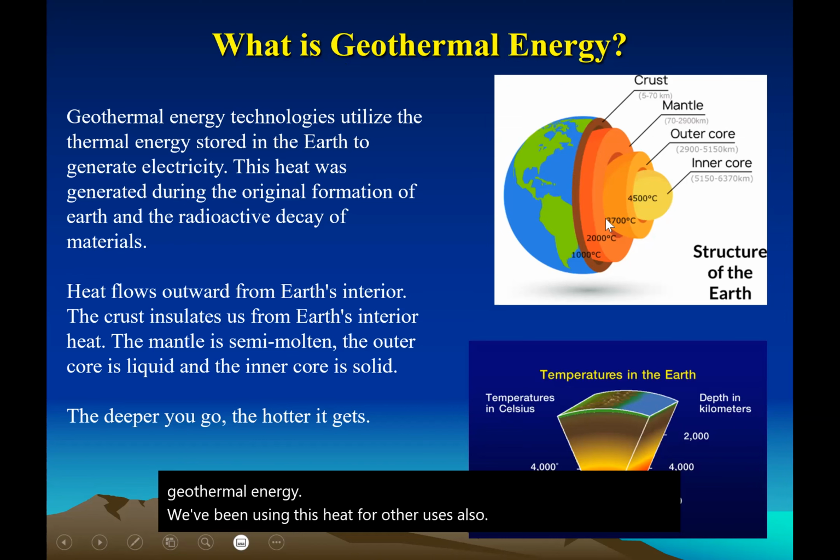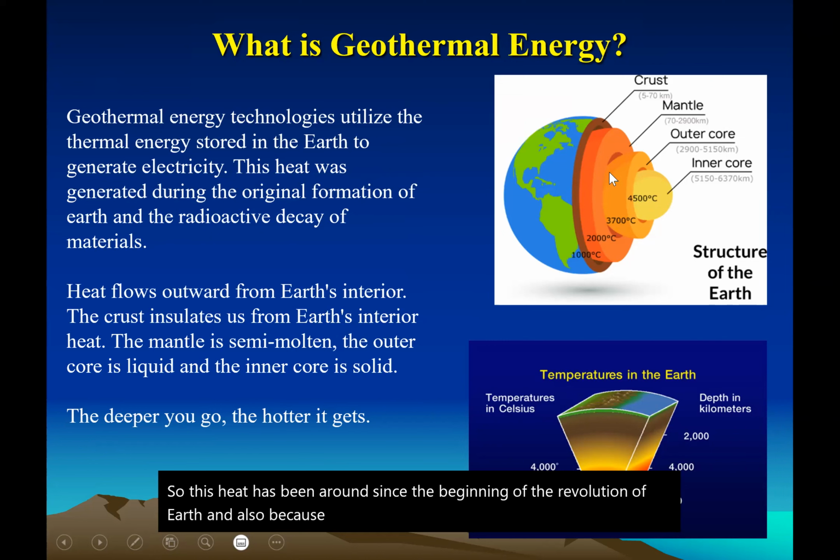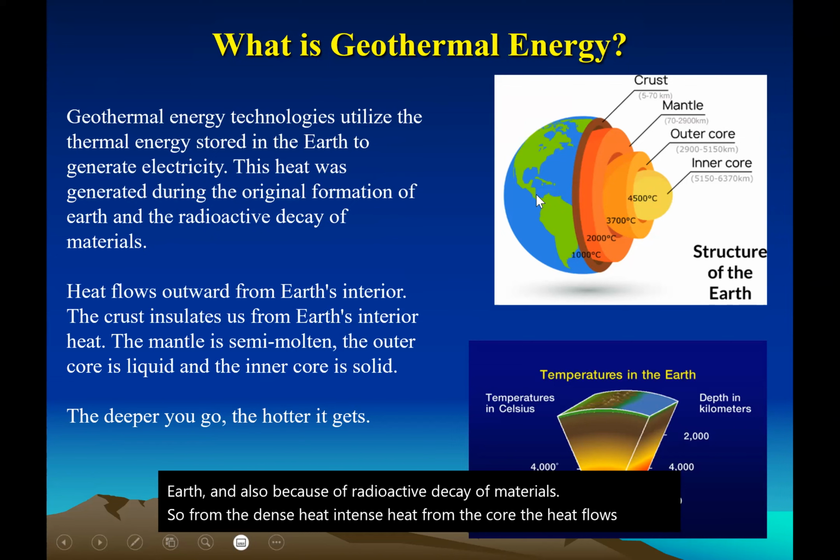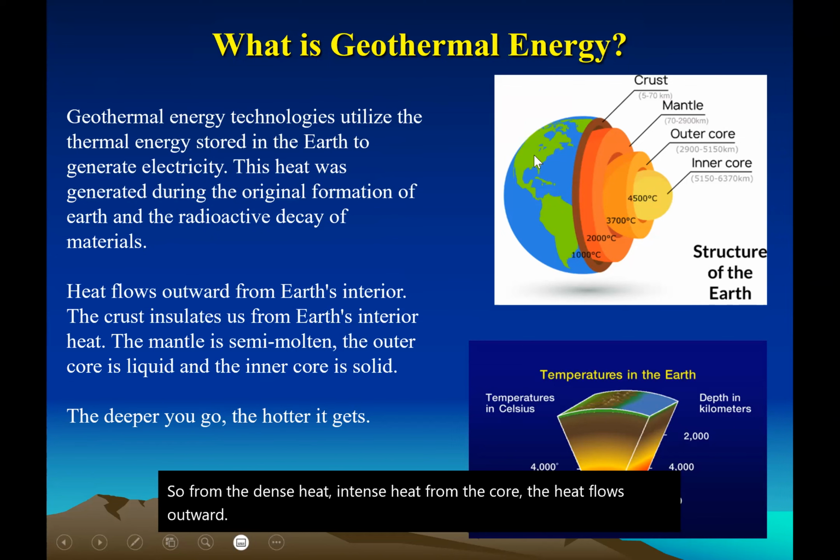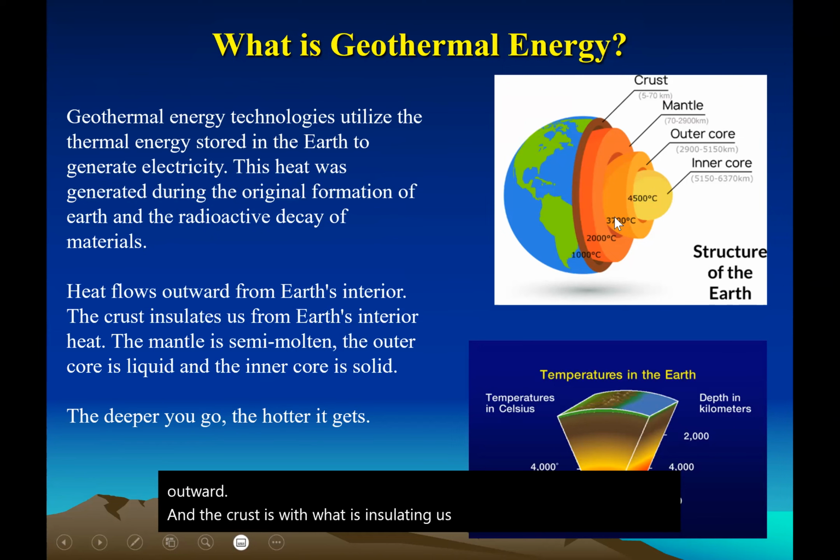This heat has been around since the beginning of the evolution of Earth, and also because of radioactive decay of materials. So from the intense heat from the core, the heat flows outward. And the crust is what is insulating us from the heat inside.